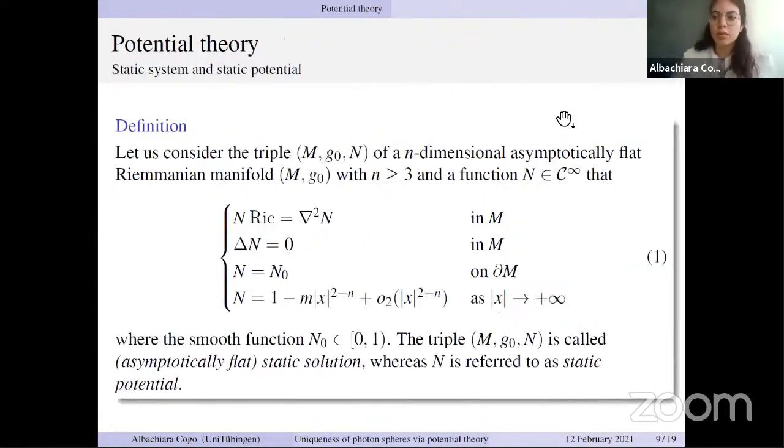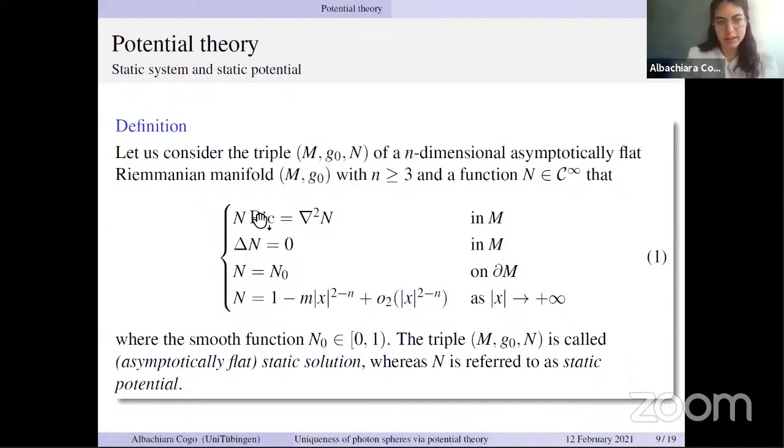Okay, so finally, I'm going to talk briefly about potential theory, which is the tool that I'm going to use to prove the uniqueness. So this theory just takes a Riemannian manifold (M, g0) and a smooth function n, such that the Riemannian manifold is asymptotically flat, and this triple satisfies these conditions.